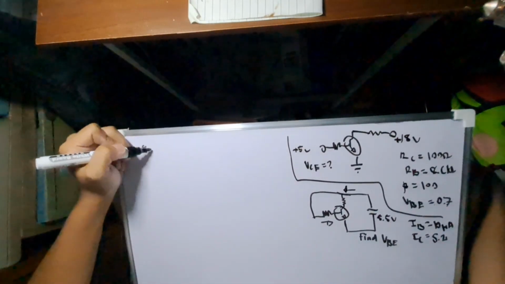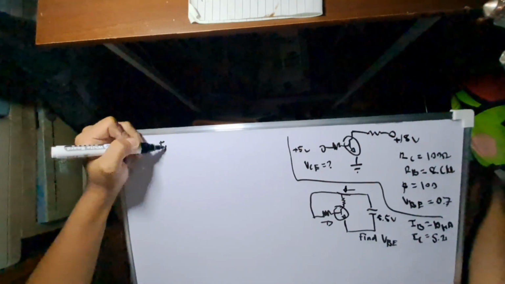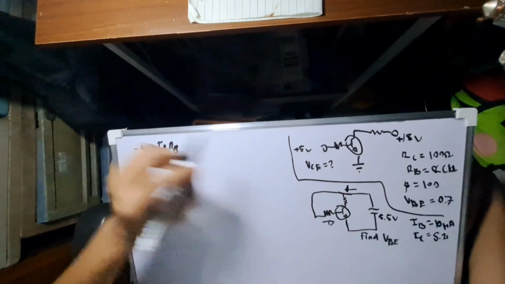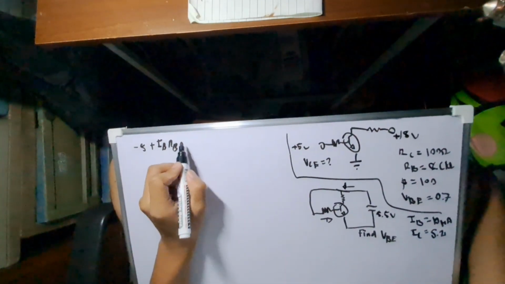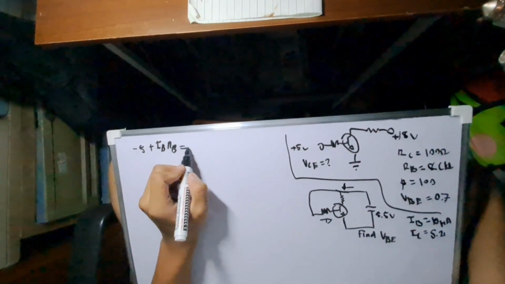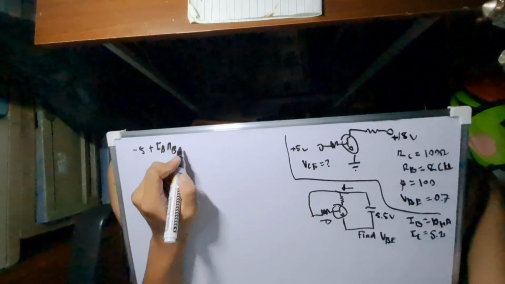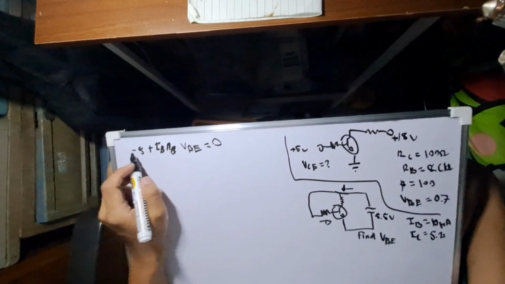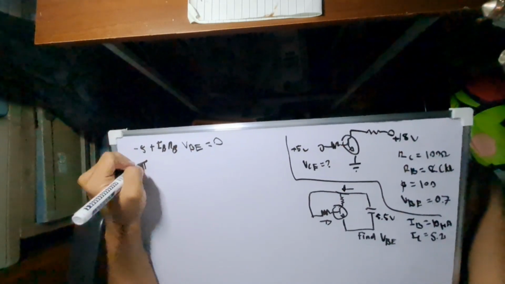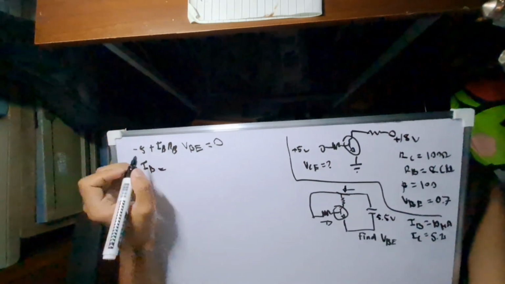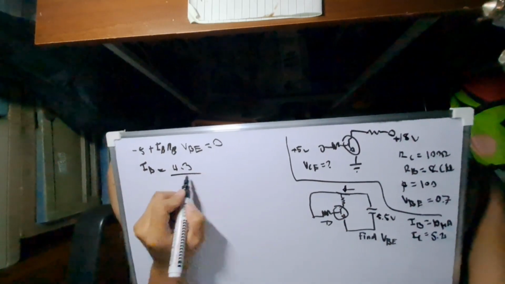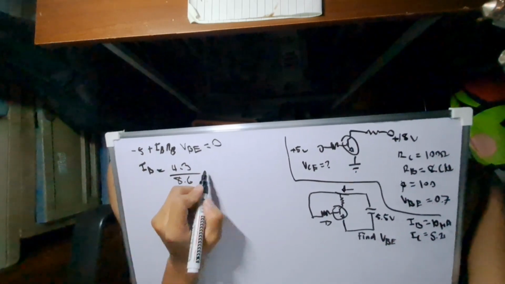So negative 5 plus IB RB, as RB is equals to 8.6 kilo ohm, plus VBE is equals to 0. So lipad natin, IB is equals to 5 minus 0.7, 4.3 divided by 8.6.